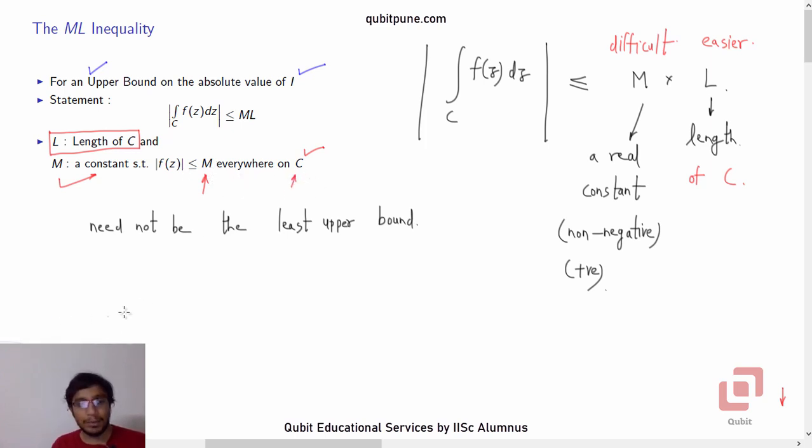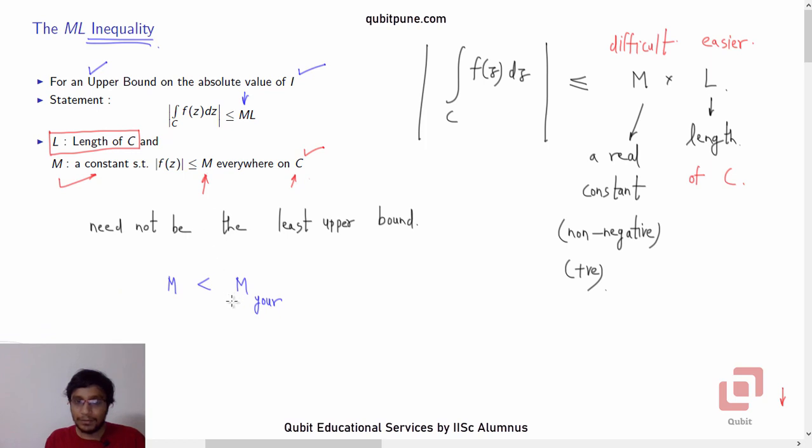So if you come up with something else as your M, which exceeds the expected or intended M, it is okay, because this is an inequality. So as far as the inequality is satisfied, we are happy. We are now going to see this through an example where it may actually be difficult to find the least upper bound.